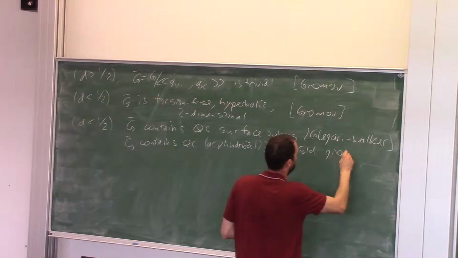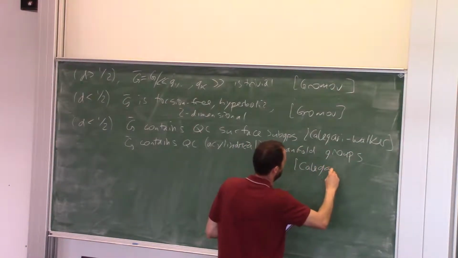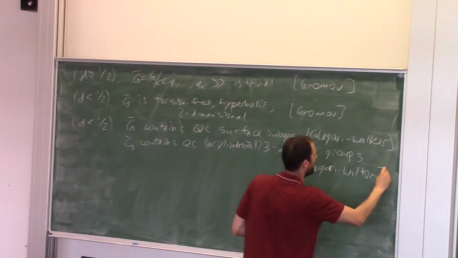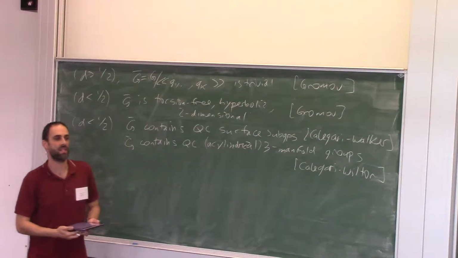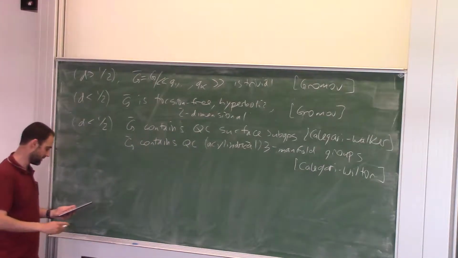Manifold groups. This is very important. So there's lots and lots of nice subgroups contained by these hyperbolic groups at small density.